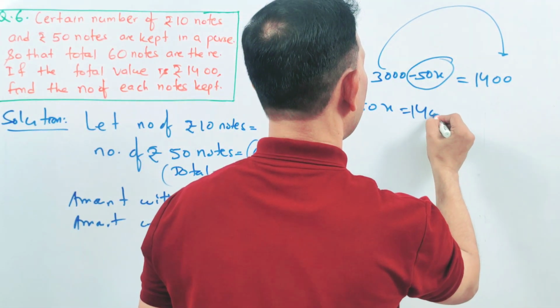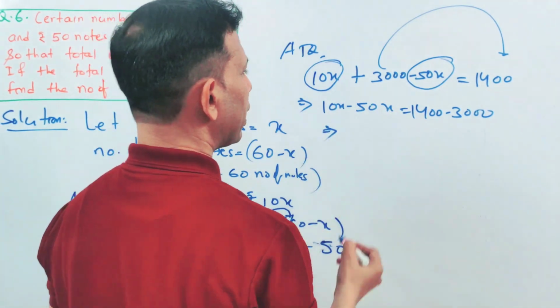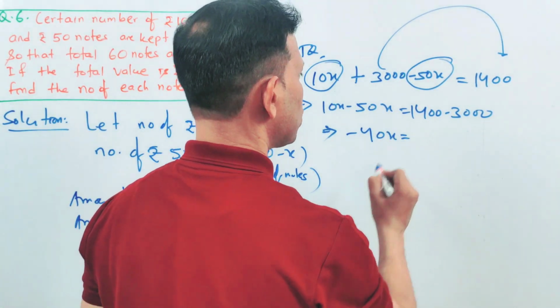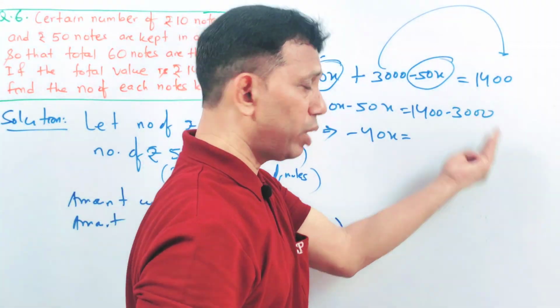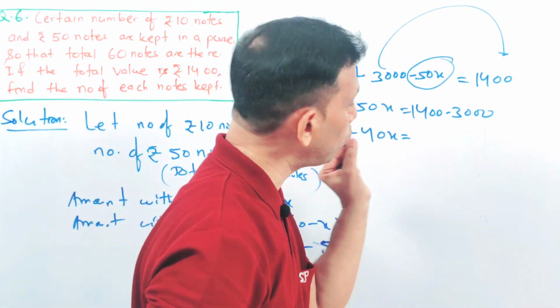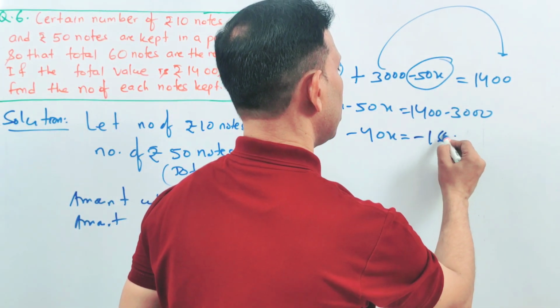So 10x minus 50x is minus 40x, equal to 1400 minus 3000. How will you do that? 3000 minus 1400 you do and put a minus mark because the larger number is negative. So it will be minus 1600.